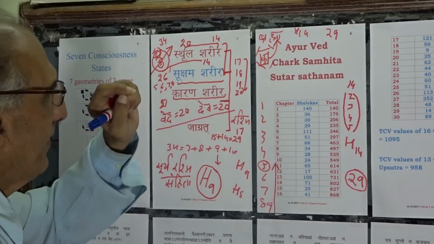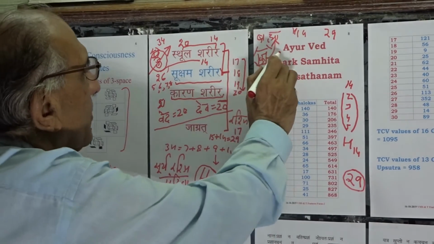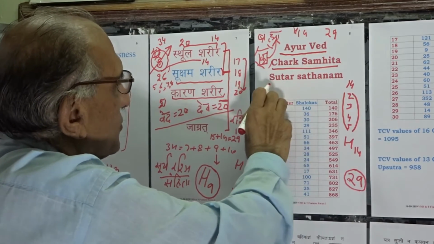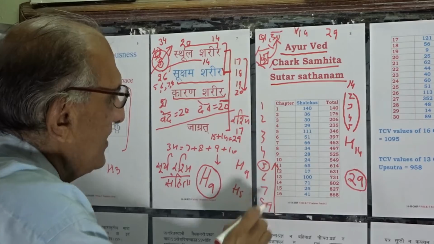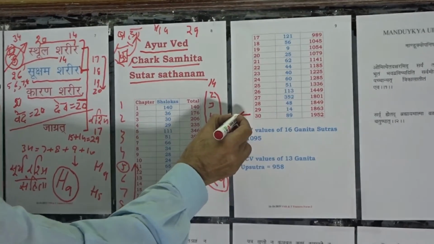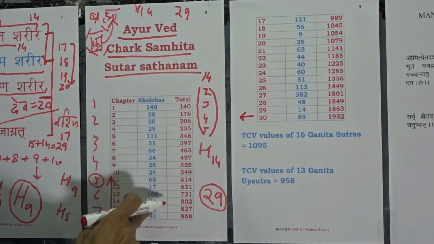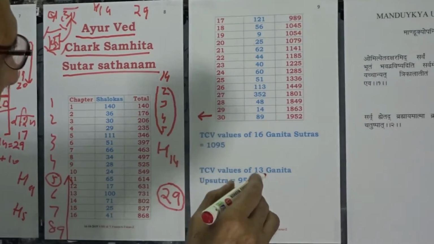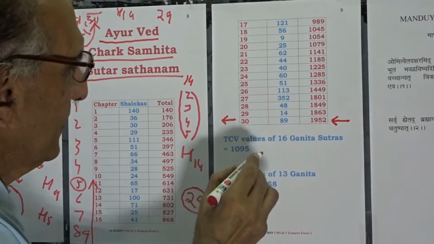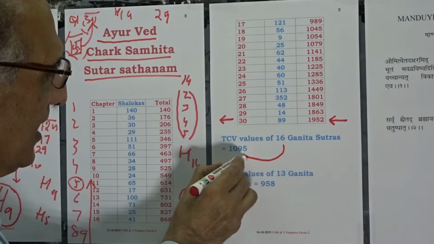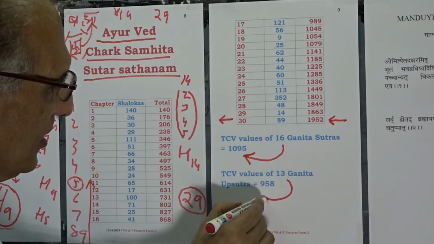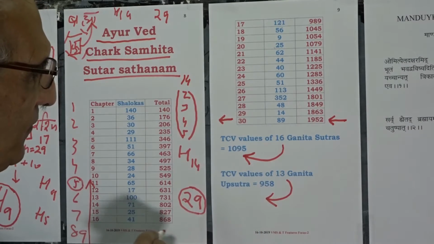Now, a step ahead, let us go to the Ayurveda Chark Sahita. It's a Sutra Sthanam, and Sutra Sthanam is a scripture of 30 chapters, and the total number of shlokas of 30 chapters is 1952. And we know that Ganita Sutra 16 are having TC value 1095, while Ganita Sutra 13 are having TC value 958.